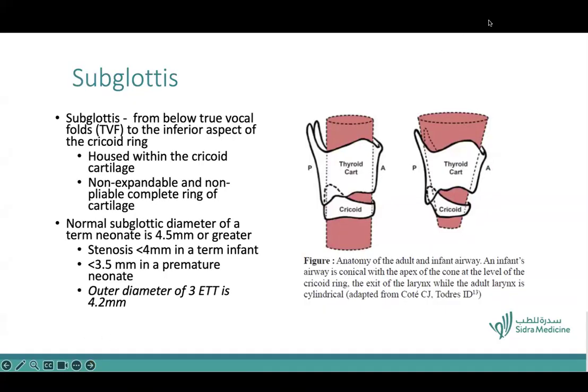And what I really wanted to highlight when you're thinking about a subglottic stenosis is the structure of the subglottis. The subglottis itself is between the true vocal cords and the inferior aspect of the cricoid ring, and it's housed within that cricoid cartilage. And this cricoid cartilage is the only complete ring of cartilage in the entire airway, and it's non-expandable and non-pliable.